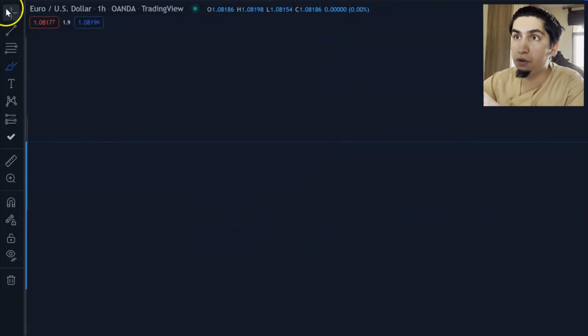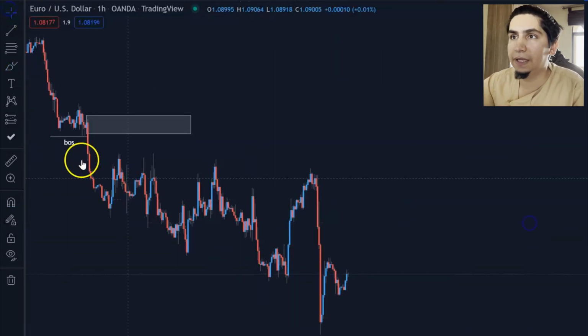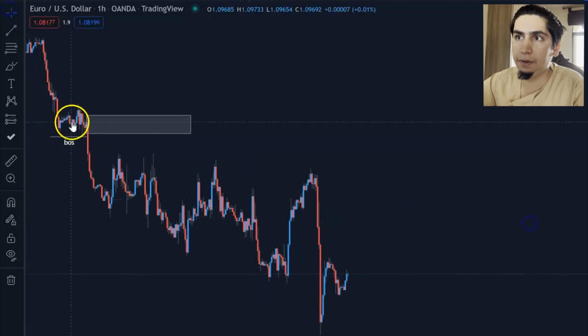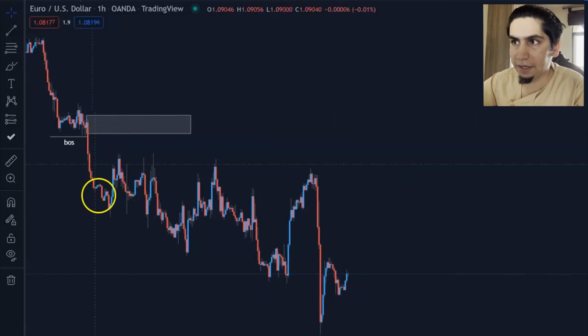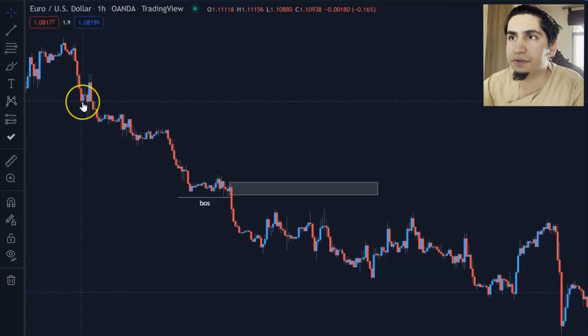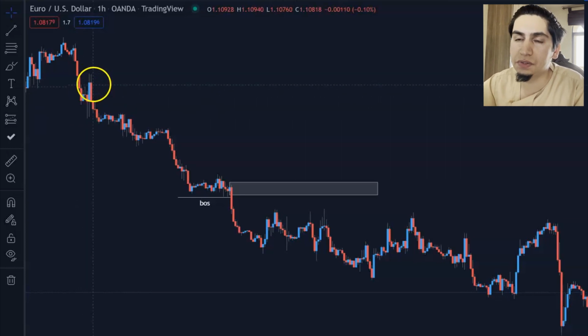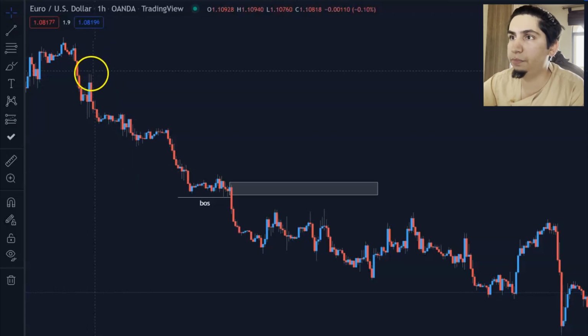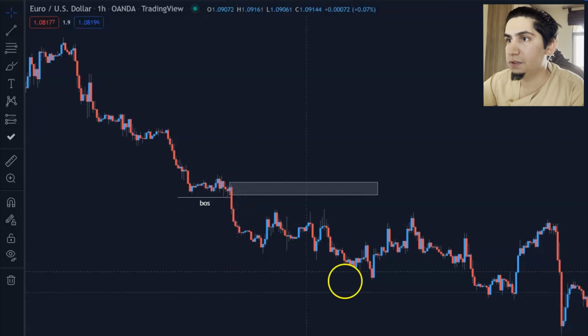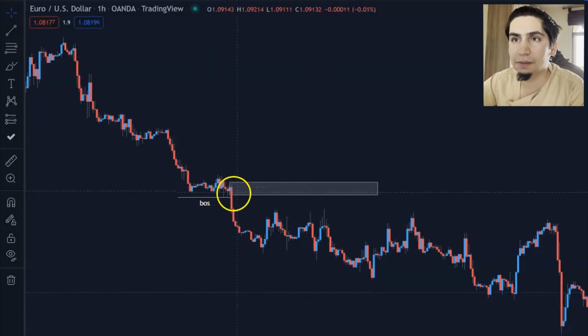So a good break of structure is this, where price played around a bit, didn't know where to go, and then it decided. This here is not a good break of structure because look, price played a bit and then it moved up, and as you can see, it was manipulation, it just moved down quickly. So that is not a good break of structure. So yeah, playing around a bit, give it some time, move down.